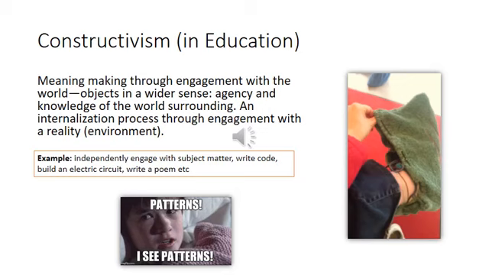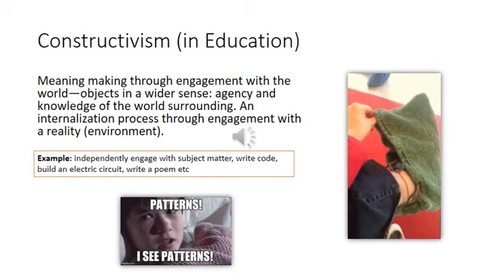Other examples that are more relevant to your actual subject discipline is, for instance, an engagement with the actual subject matter: reading a textbook, writing a piece of code and debugging it and trying to figure out why it doesn't work or where an issue is, building an electric circuit and seeing if they got all the layout right and the resistance right and all of that.